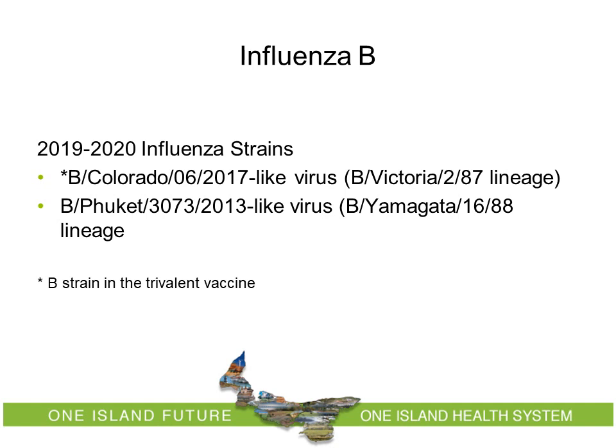Trivalent vaccines cover for both A strains and one B strain, which is the B/Colorado. Influenza B is typically less severe than influenza A, but depending on the strain and the underlying medical conditions can cause severe illness.